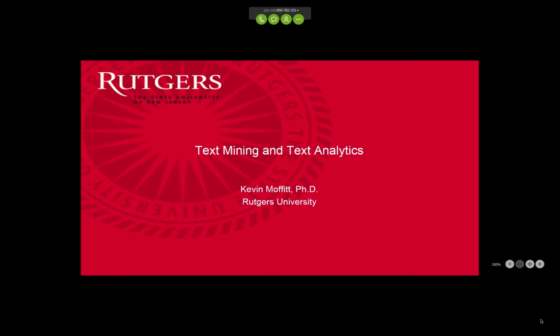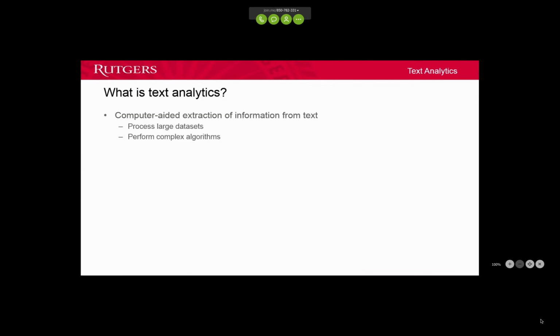So what is text analytics? Well, it's the extraction of information from text and the analysis of that information. And you use computers to do it. And computers are great because you can work with very large data sets, and you can perform algorithms that would take humans forever to do, right?